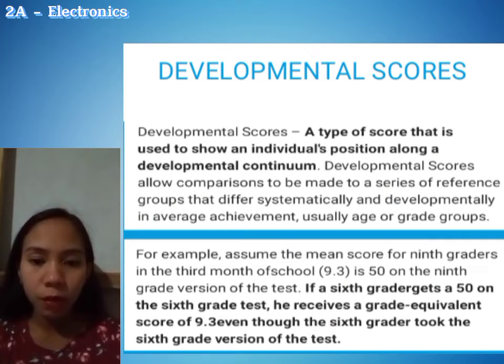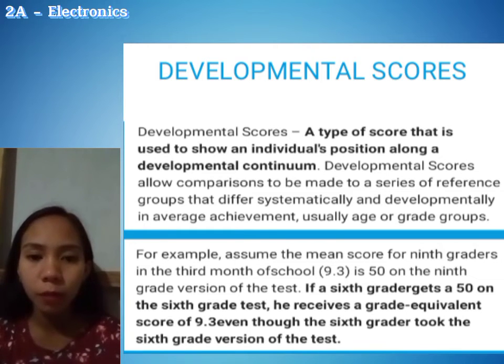Developmental scores. Developmental scores are a type of score that is used to show an individual's position along a developmental continuum. Developmental scores allow comparisons to be made to a series of reference groups that differ systematically and developmentally in average achievement, usually age or grade groups.